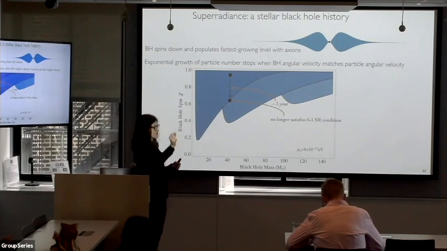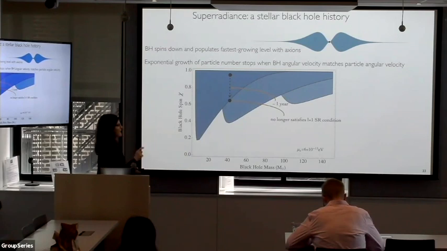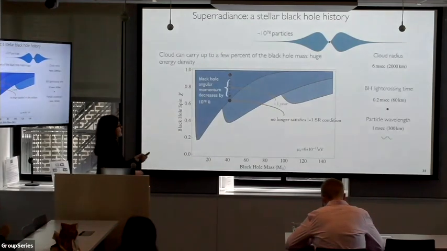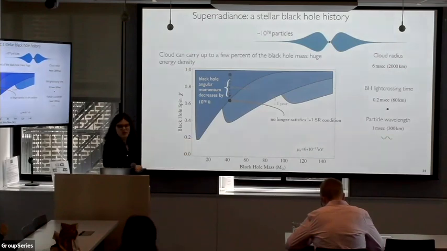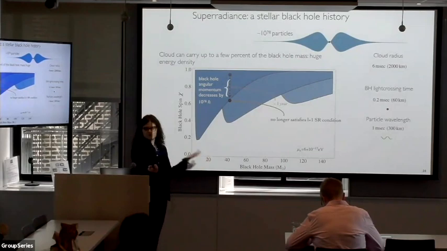So this growth becomes exponential, and to answer the previous question, it stops at the point where order 1 of the black hole angular momentum has been extracted. So the black hole goes from a high spin of 0.95 to a slightly lower spin of, say, 0.6. You can calculate how much angular momentum there is in the black hole, which is just GM squared.